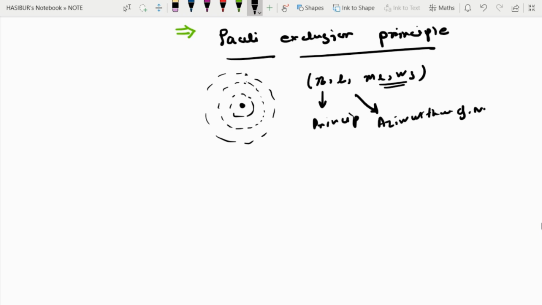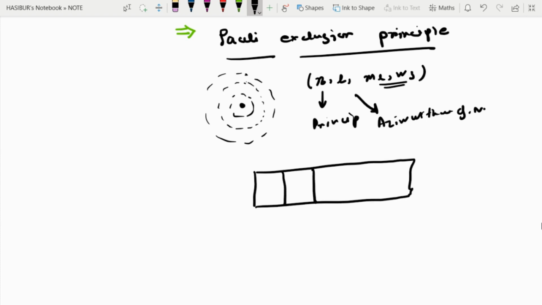According to this Pauli exclusion principle, let's take a d orbital. We know that there are 5 d orbitals, 1 2 3 4 5. In the d orbital, let's take the example of d6. There are 5 up-spin electrons.